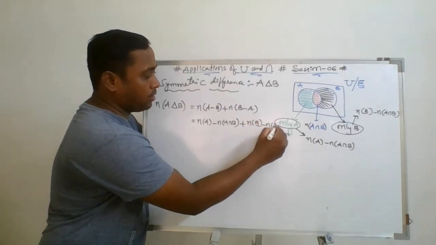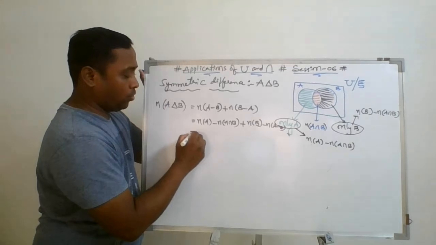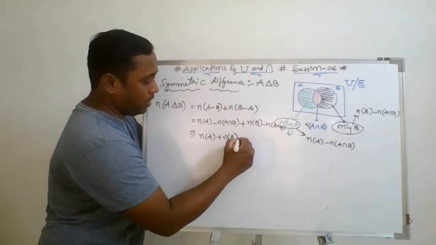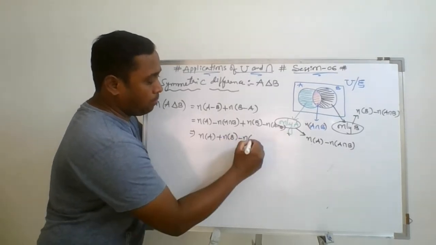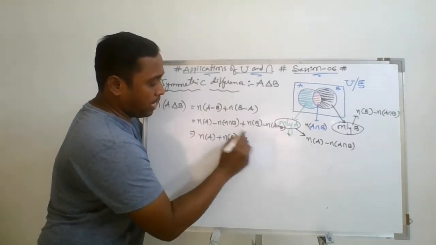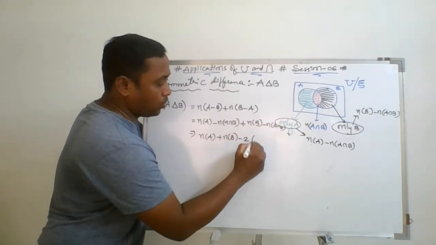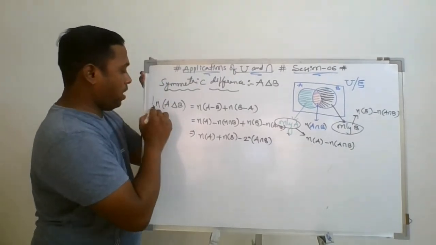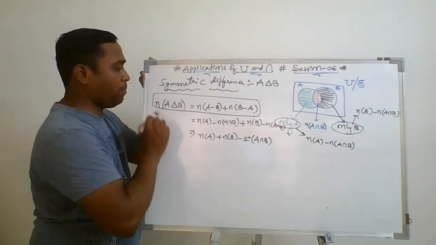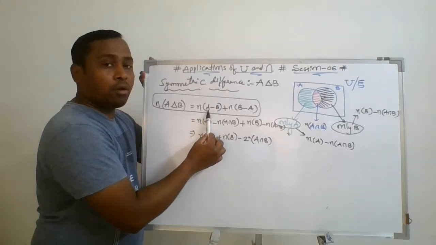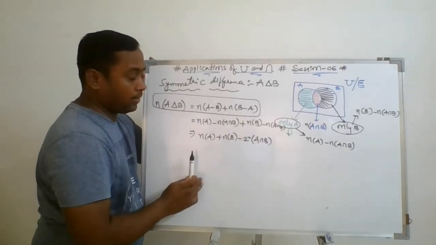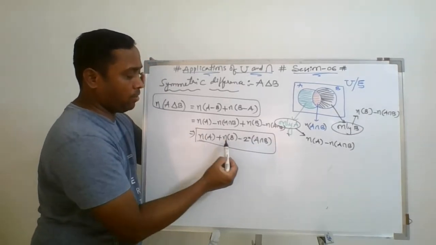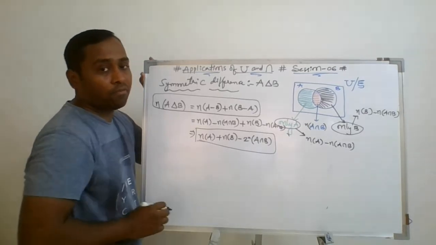Number of B minus number of A intersection B. So by reducing this expression, number of A plus number of B minus two times number of A intersection B, because these two are the same quantities. So one formula says that number of A delta B means number of A minus B plus number of B minus A, and the second formula says that it is number of A plus number of B minus 2 times number of A intersection B.